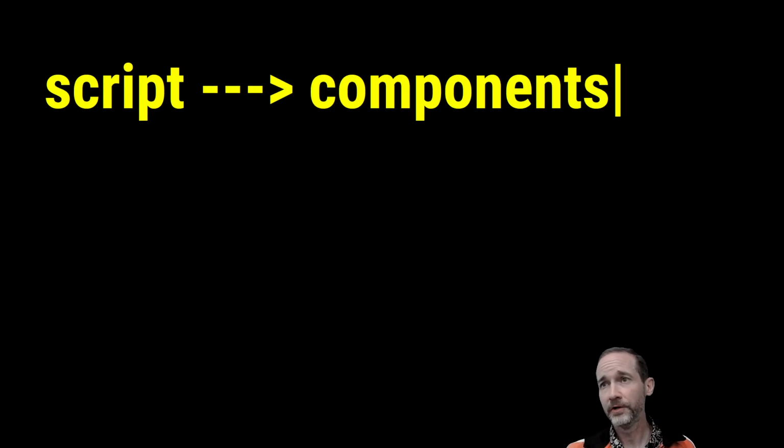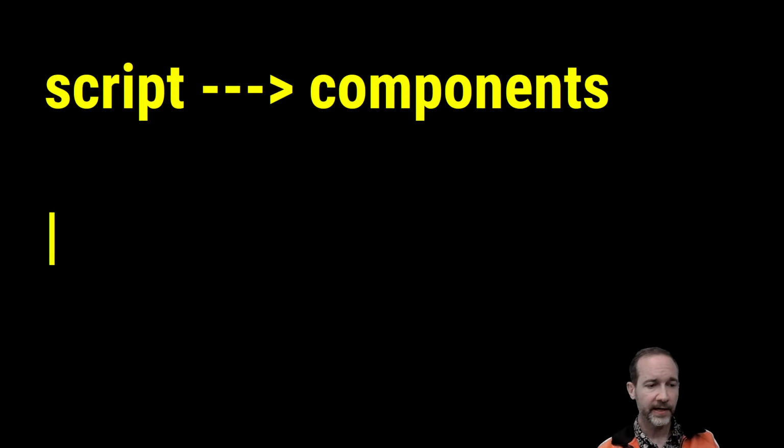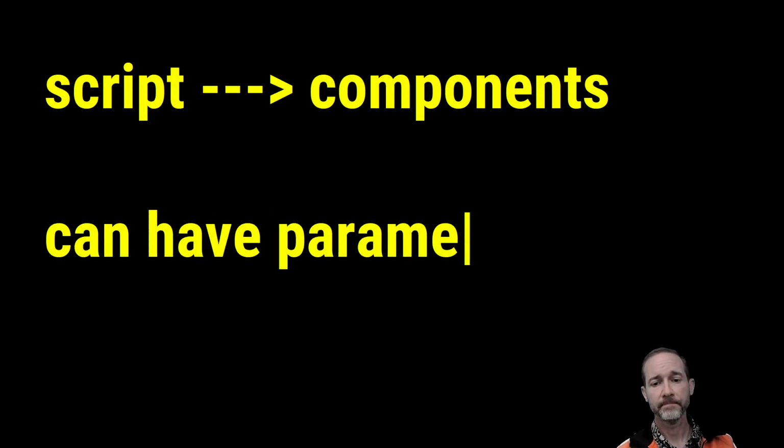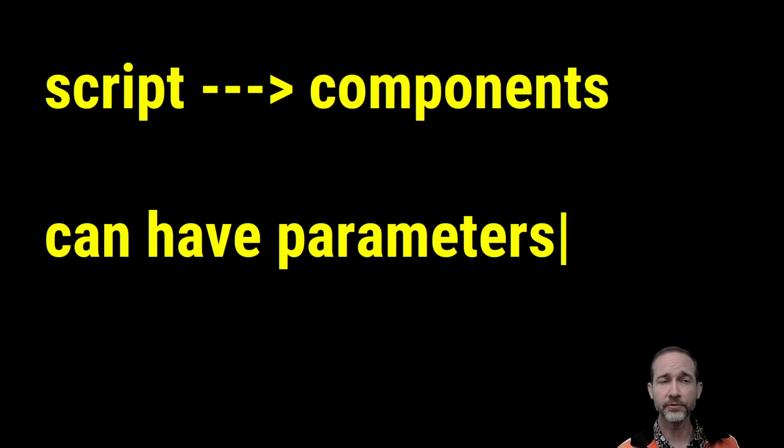You add a script to an object, and all of a sudden there's a new component on that object, and they can have parameters, meaning that there's stuff you can control about them. Not in every instance. Sometimes you just add it and there's no interface and it just does a thing. But most cases, there's something that you can adjust in it.